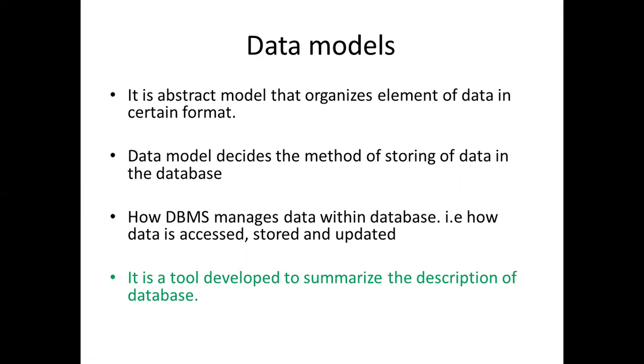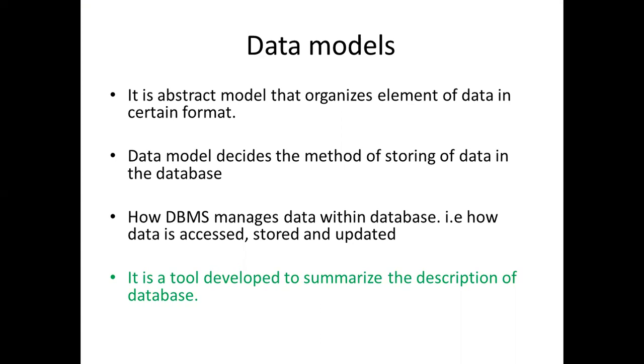These data models provide the way to describe the design of the database at physical, logical, and view level. In short, it is a tool developed to summarize the description of the database. So all the database designing is summarized in a graphical, diagrammatical format with the help of data models.